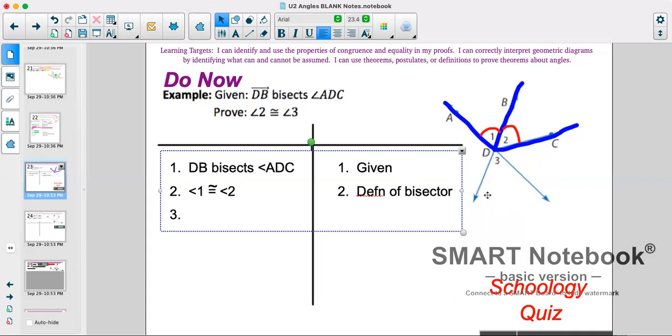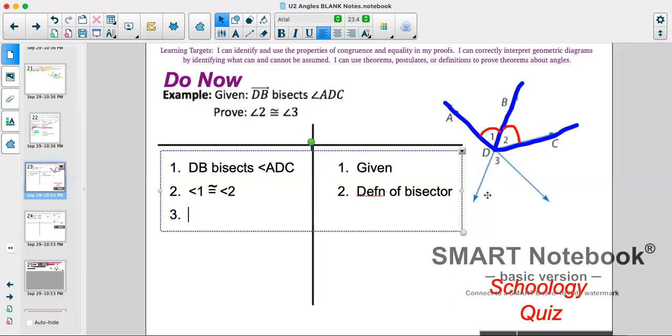Okay. So listen, if you have a very particular or a very strict, follow all the rules and theorems of geometry, your next step would have to say angle 1 and angle 3 are vertical angles. Justification, or on the right side, definition of vertical angles.